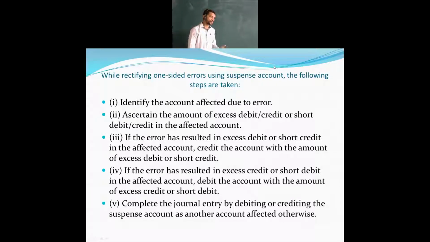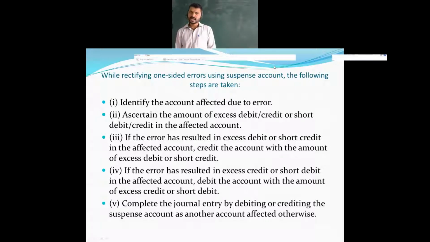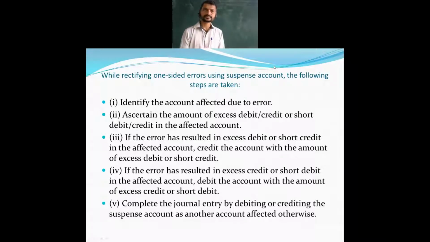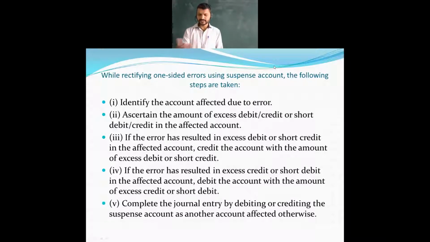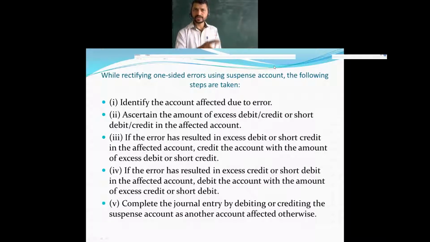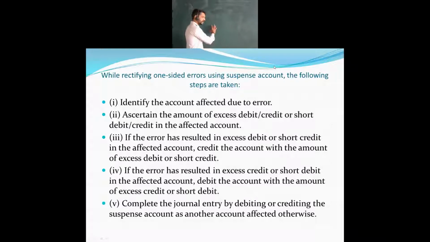Ascertain the amount of excess debit or credit, or shortage of debit or credit, that affects the account. The trial balance will be affected due to the shortage or excess of the amount, as you can see.